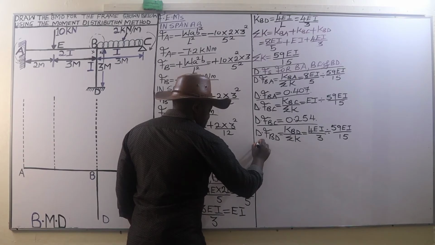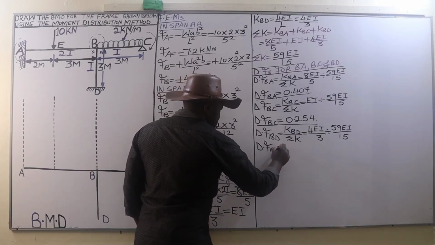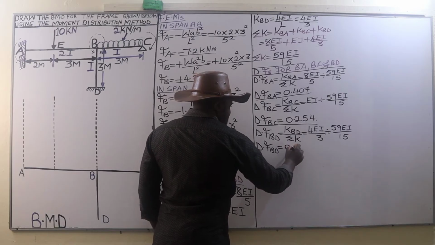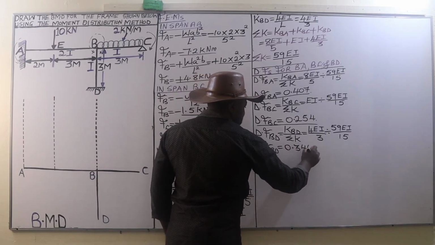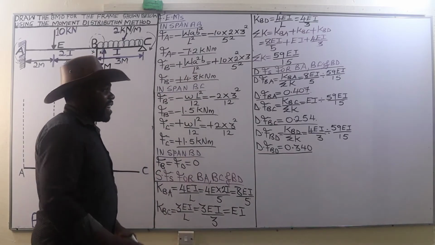That gives us a distribution factor of 0.340. So we now have all the distribution factors that we need.